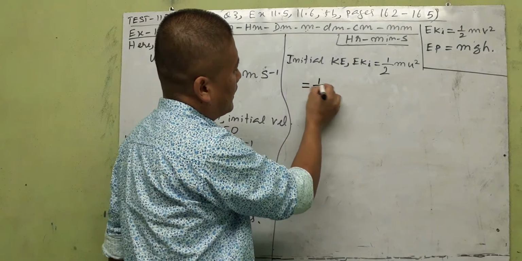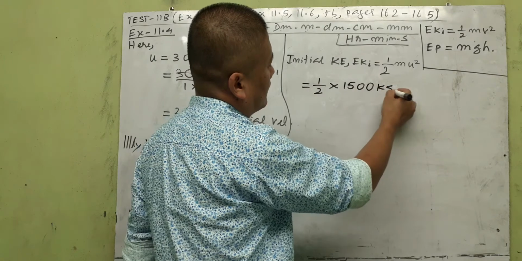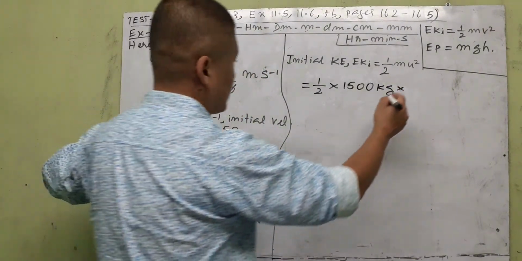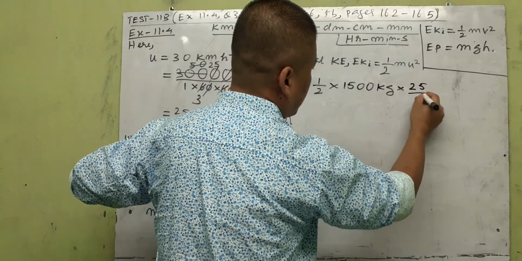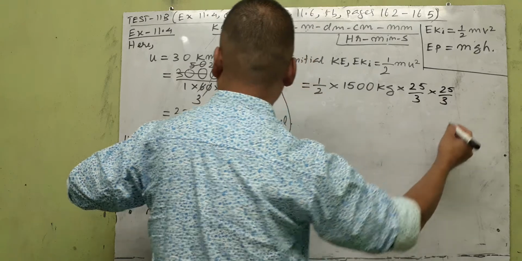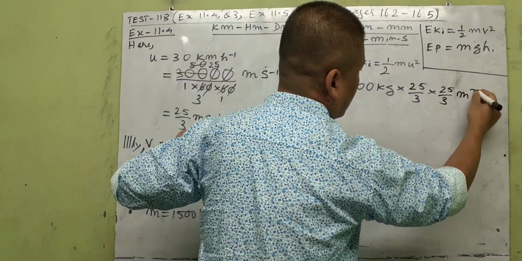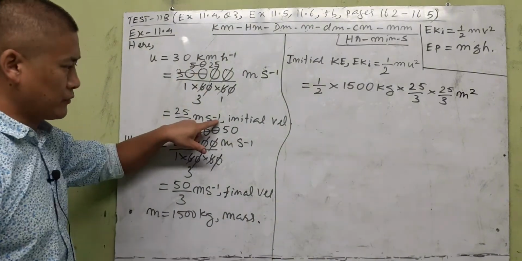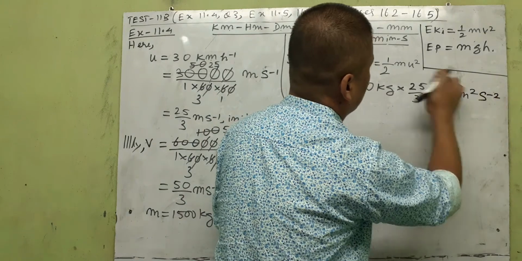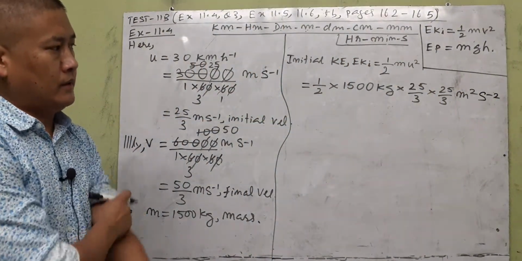Simple case of half into mass of the car, 1500 kg, into u, as you can see. We have to use the SI unit, so u square means 25 by 3 into 25 by 3, 2 times. Then here square, so meter square, and here second to the power minus 1, so 1 2s are 2, so second to the power minus 2, because it is u square. Right, so that's our thing here.